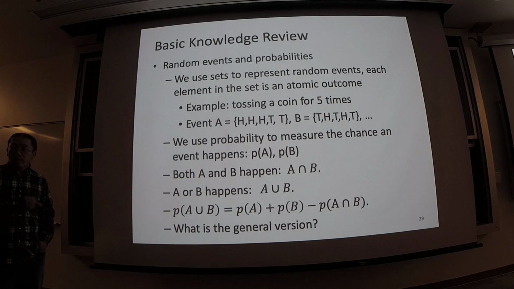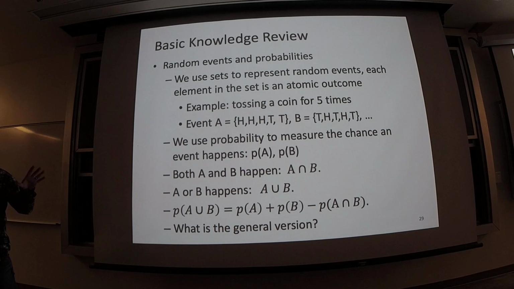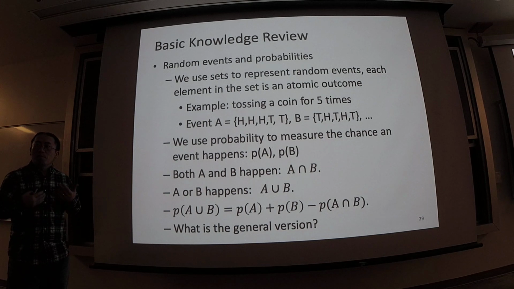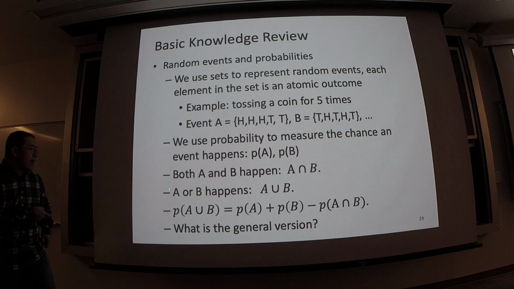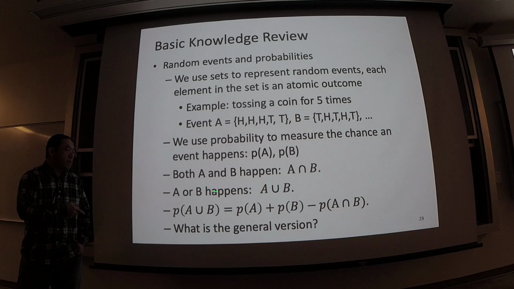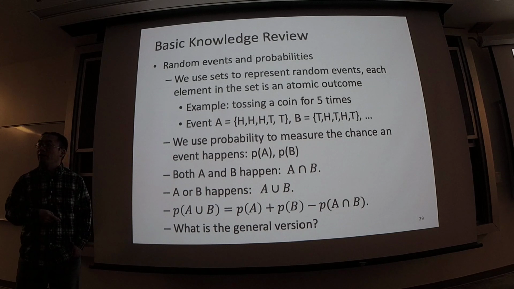Another event could be like A or B happens. So those 2 types of events are totally different. So be aware of the subtle difference. A or B happens might have the cases that A happens, but B does not happen. Or A does not happen, but B happens. Or A and B both happen.